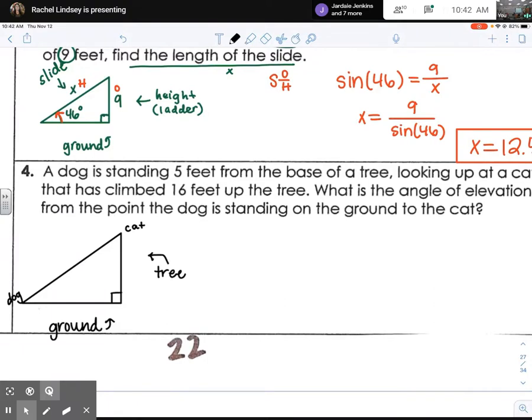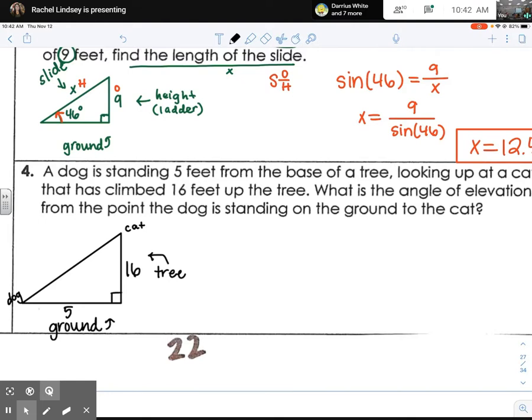So it tells you the dog is 5 feet from the base of the tree. So would that be the ground, the tree, or the hypotenuse? The ground. And then it says the cat is 16 feet up in the tree. So would that be the tree or the hypotenuse? Tree. And then it wants you to find the angle of elevation from the point on the ground that the dog is at to the top, which is the cat.